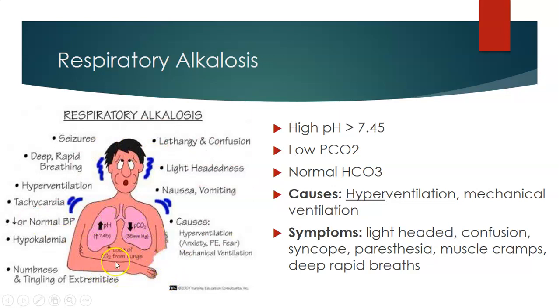So we are losing too much CO2 from the lungs. So that person is breathing off, we call it blowing off CO2. Their body is trying to get rid of it. Let's see. So some other signs and symptoms, these are the ones I really want you to focus on, but just be aware that there are a lot of things related to respiratory alkalosis.